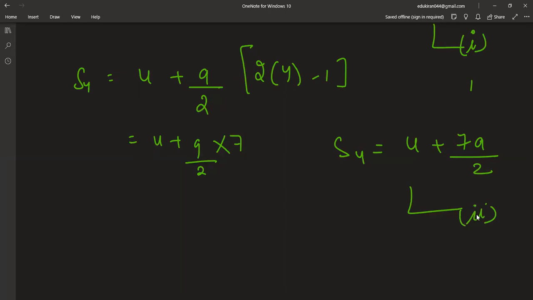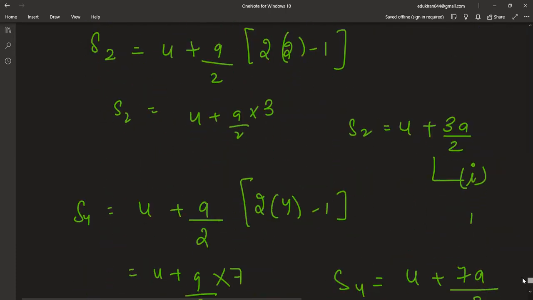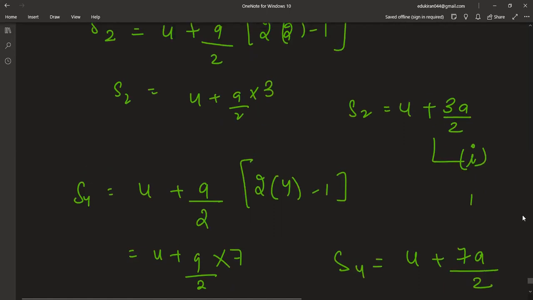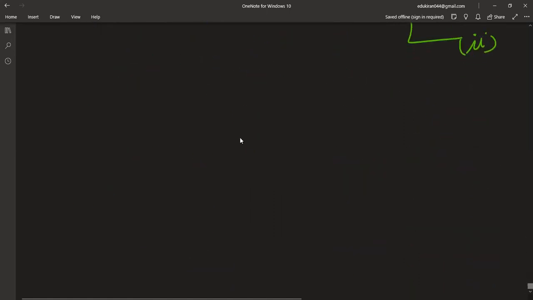If you subtract both the equations, one thing that we can do, we can multiply this 2 throughout. We know what is S2, we know what is S4, right? S2 and S4 we know. So when you subtract, you get 2a is equal to 8.